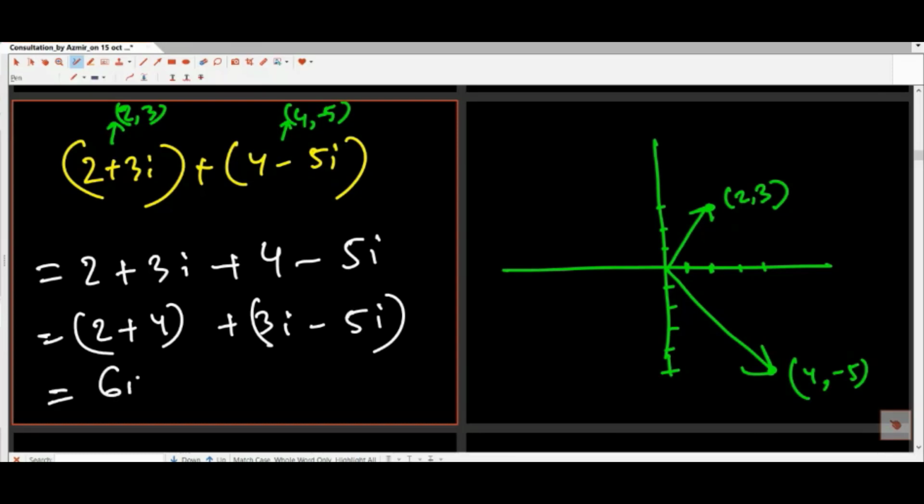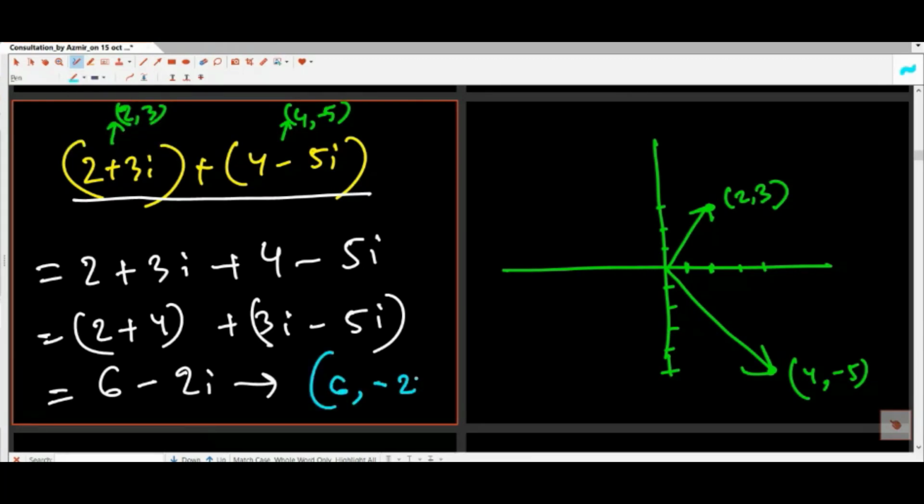So we have 6 minus 2i. Finally the summation, 2 + 3i + 4 - 5i, is 6 - 2i. We are dealing with complex numbers, so the result is also a complex number. This is also a point, (6, -2).